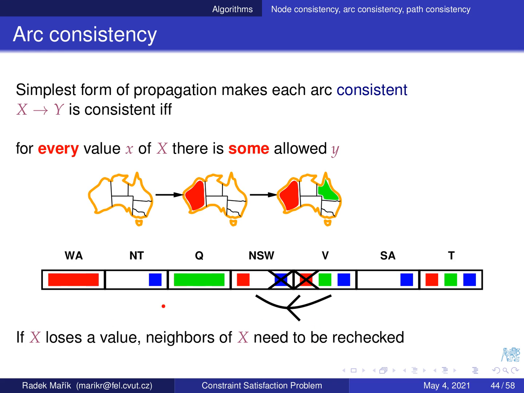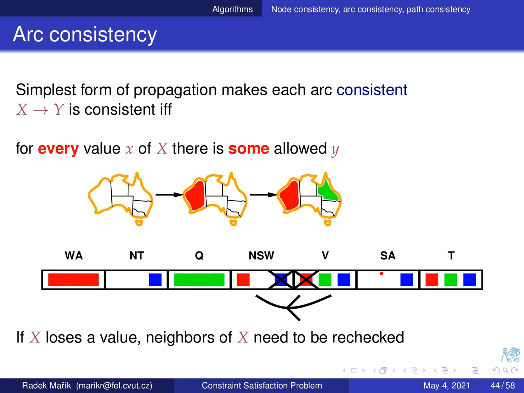If any variable loses its value, we need to check all neighbors of X, that means all constraints dealing with X, to check them again, if such a situation occurs.